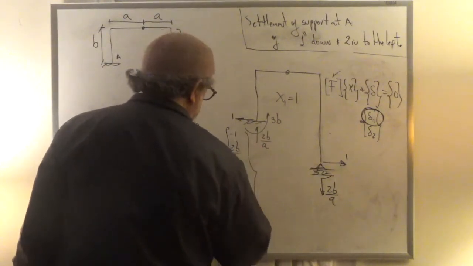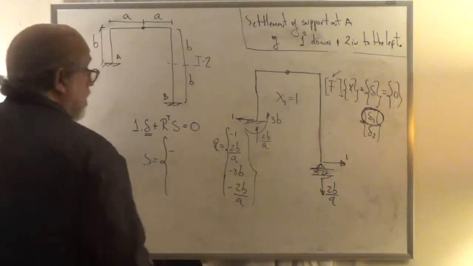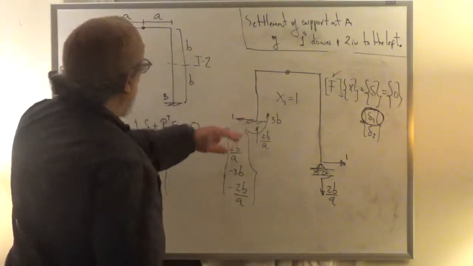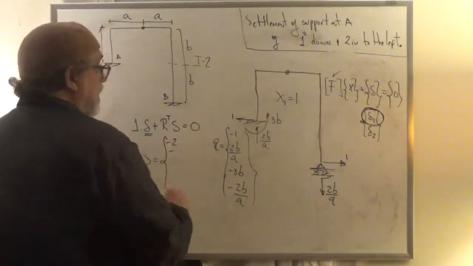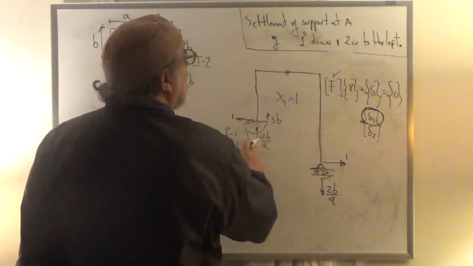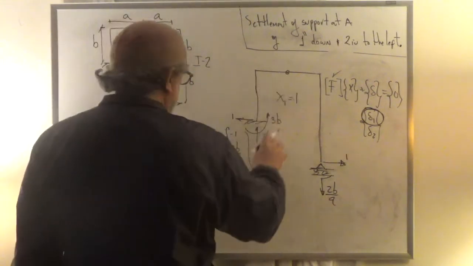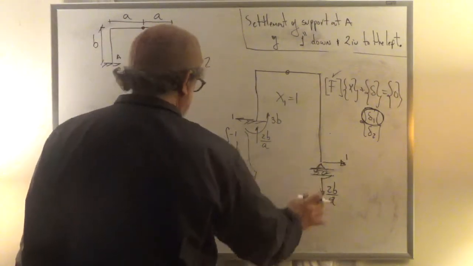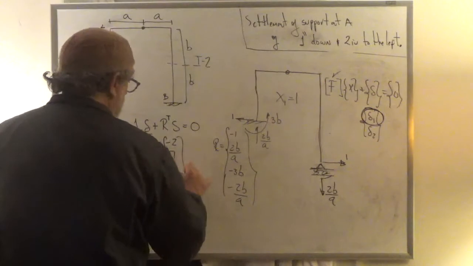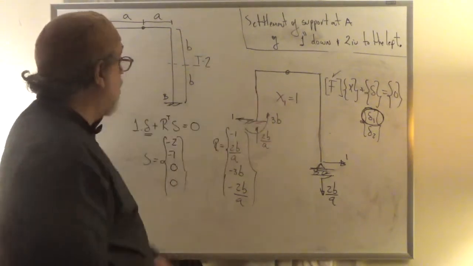So those are my reactions, right? And what are the settlements? Well, at this point in the horizontal, what is it? 2 inches to the left, right? So minus 2. In the vertical, 1 inch down, so that's a minus 1. Rotations, nothing. And on this other side, was there any vertical movement? No. So those are my settlements and those are my reactions due to x1 equal to 1.